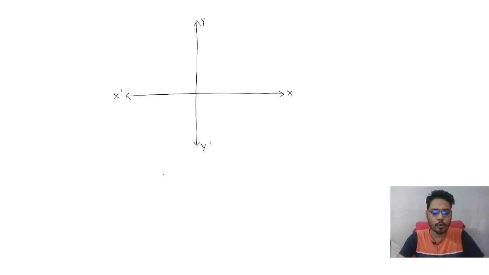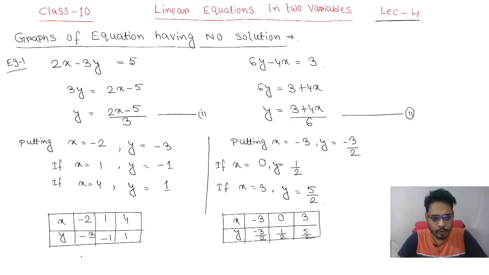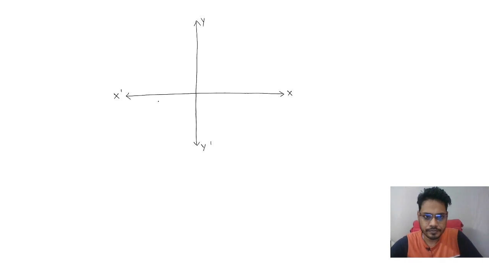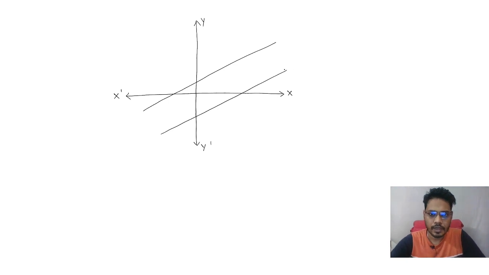Now if you put the points here, suppose A, B, C, and here this is P, this is Q, and this is R. Let's put the points. So this will be the PQR points and this will be the ABC points.